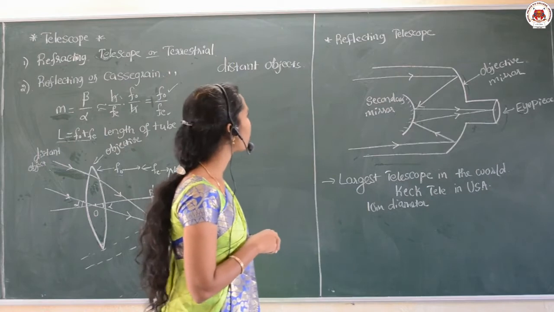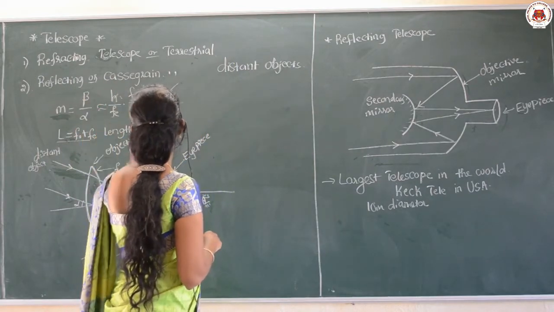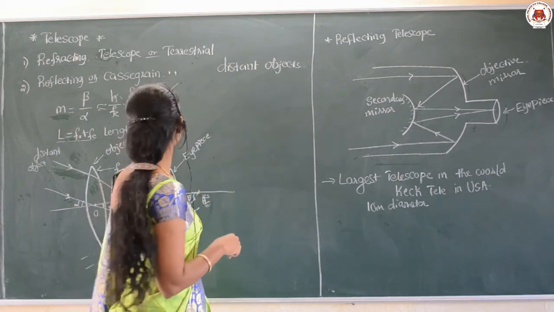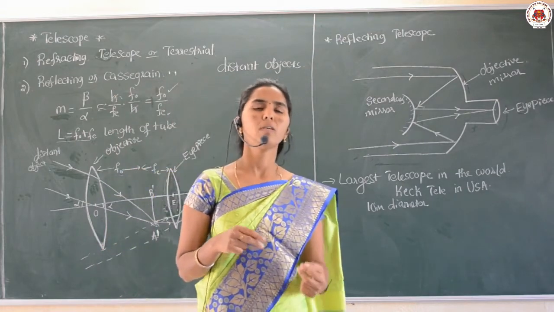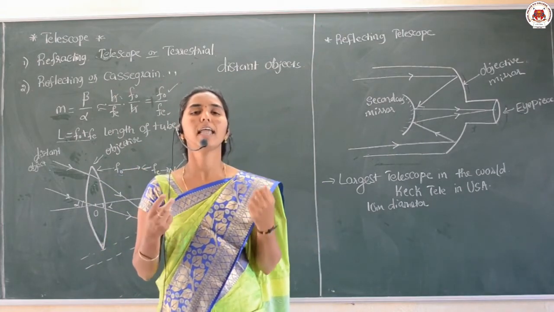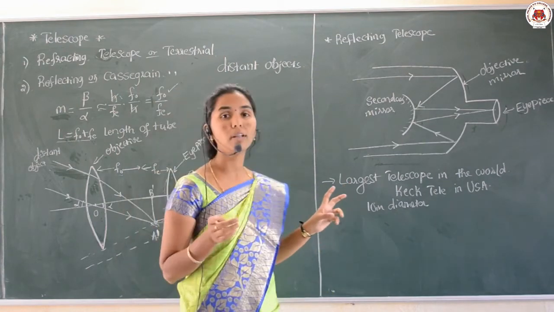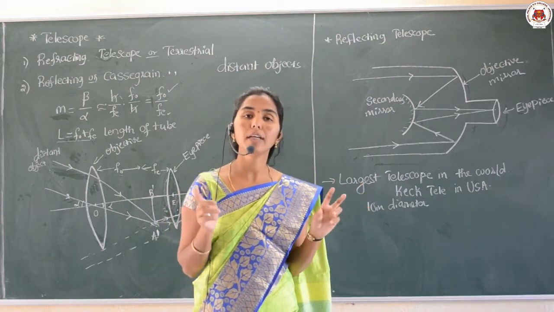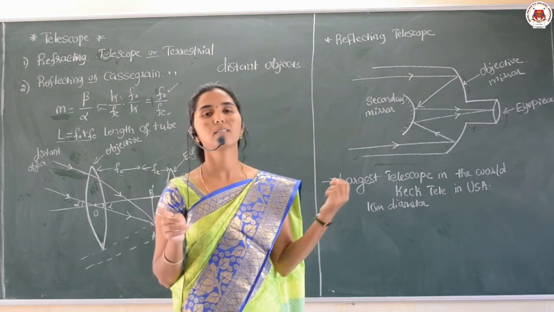Then the final bit of the topic, the second type of telescope, is the reflecting telescope, and this is also called the Cassegrain telescope. Why did that name come? It is the name of the scientist who gave the clear idea that even a telescope can be reflecting if we use some other optical media, such as mirrors.